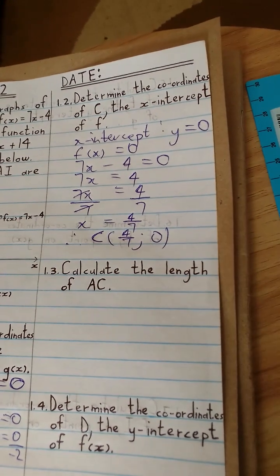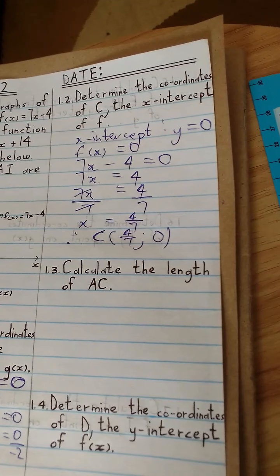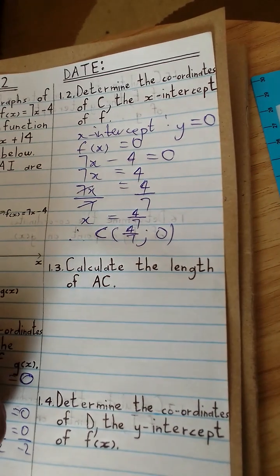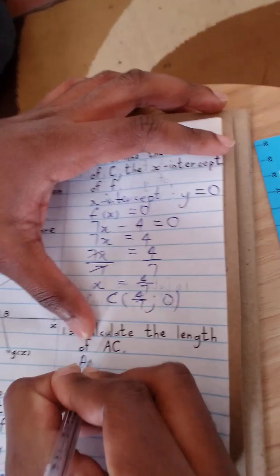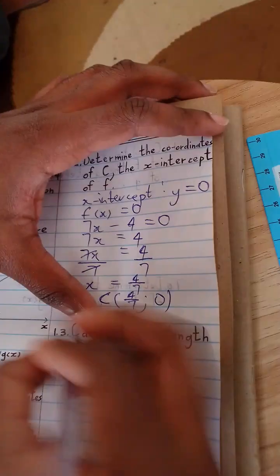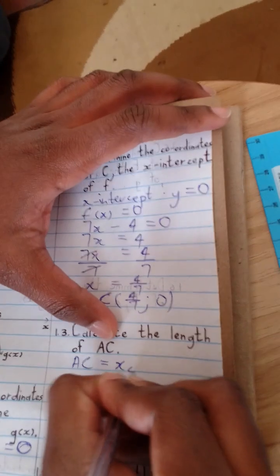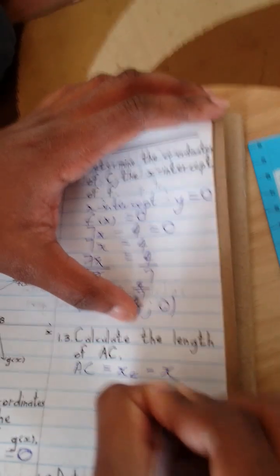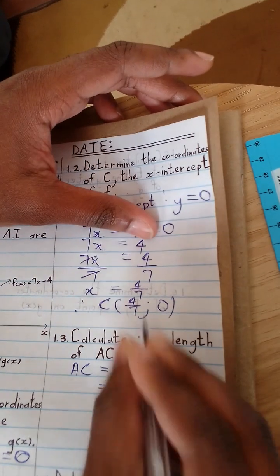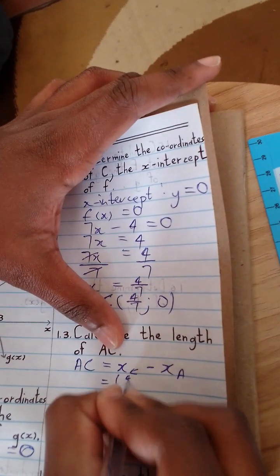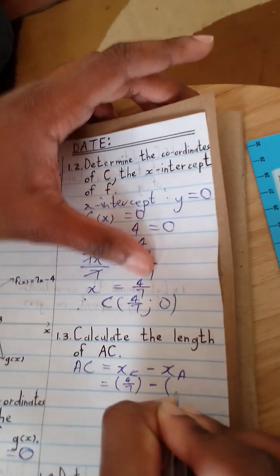And then 1.3 states, calculate the length of AC. So, from here to here, calculate the length of AC. AC is x of C minus x of A. What is x of C? 4 over 7. Minus what is x of A?